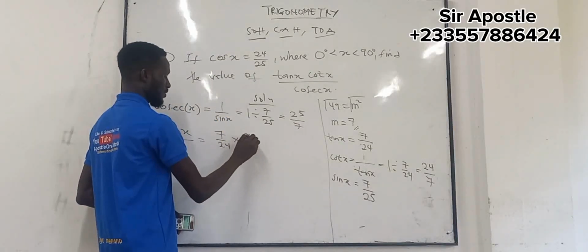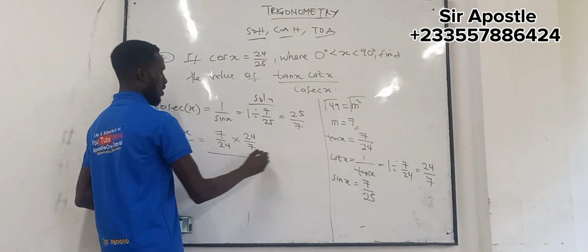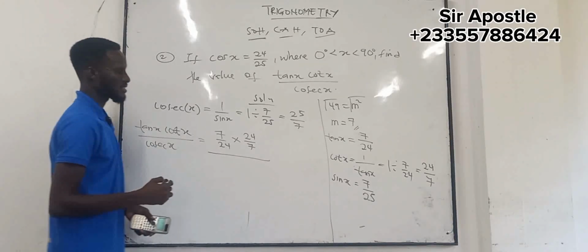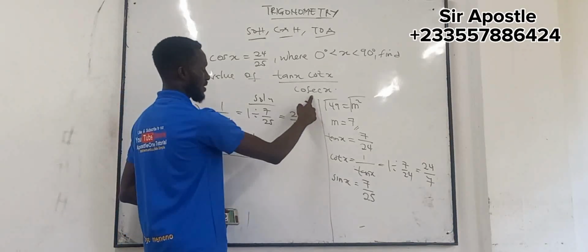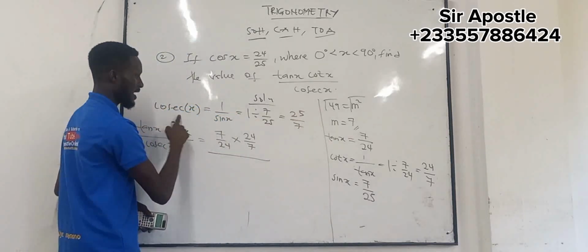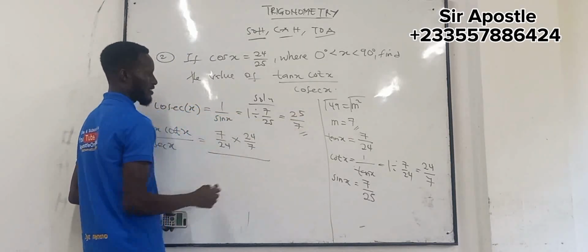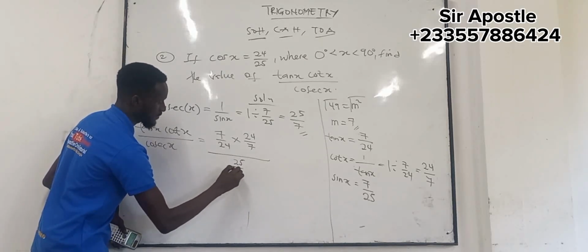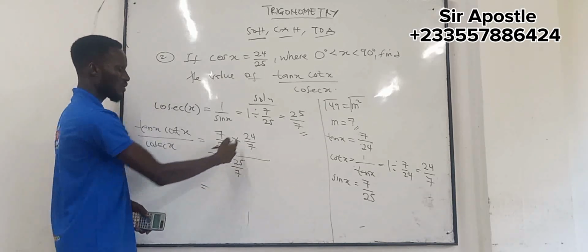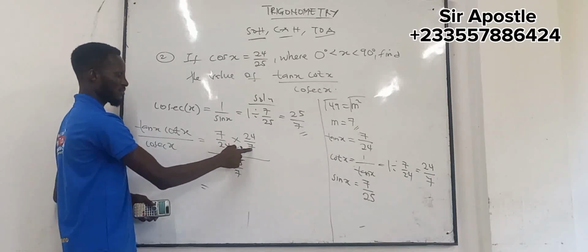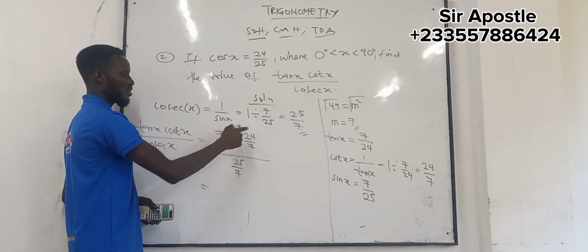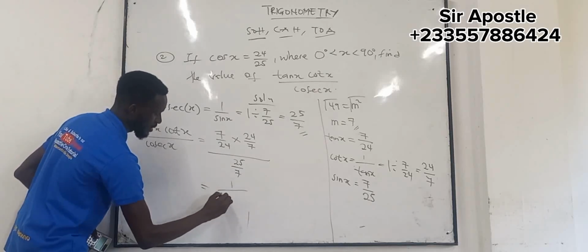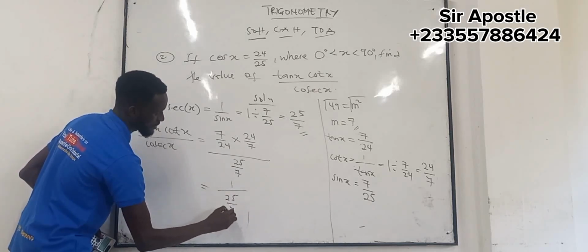So we have 24 out of 7. Now all divided by the cosec x. The cosec x, we had 25 out of 7. So we have 25 out of 7. Now looking at the top one, it will give us 1 because 7 will cancel 7, 24 will cancel 24. So we're going to get 1 divided by 25 out of 7.